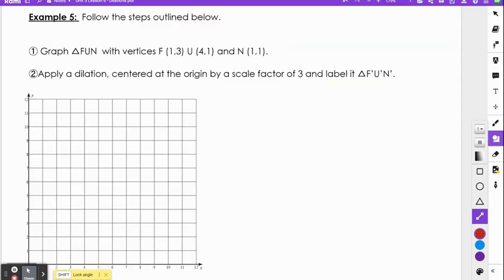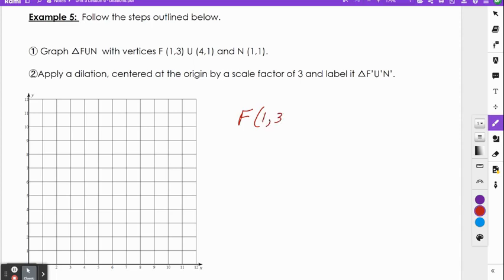All right, so for example 5, I would suggest that you pause the video, and just to outline, the steps are right here. You're going to graph the original vertices of the pre-image, and then you're going to apply the dilation with a scale factor of 3. So you're going to multiply all the coordinates, each part of the coordinate, by 3. So to get you started, I would do all my coordinates in one color, and in a different color, I'm going to do my image coordinates.